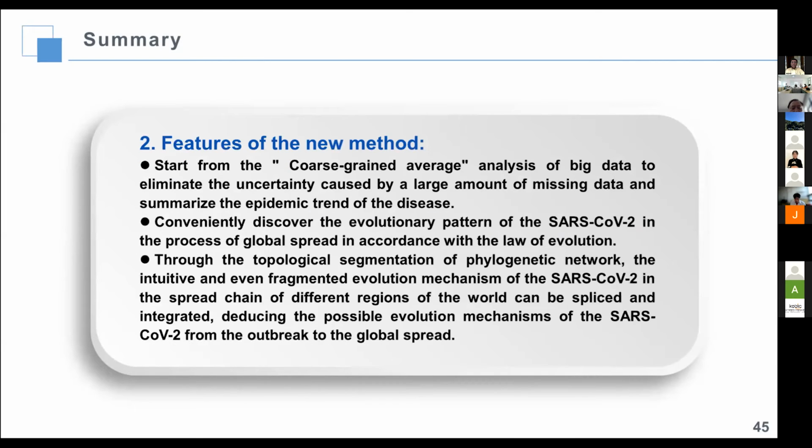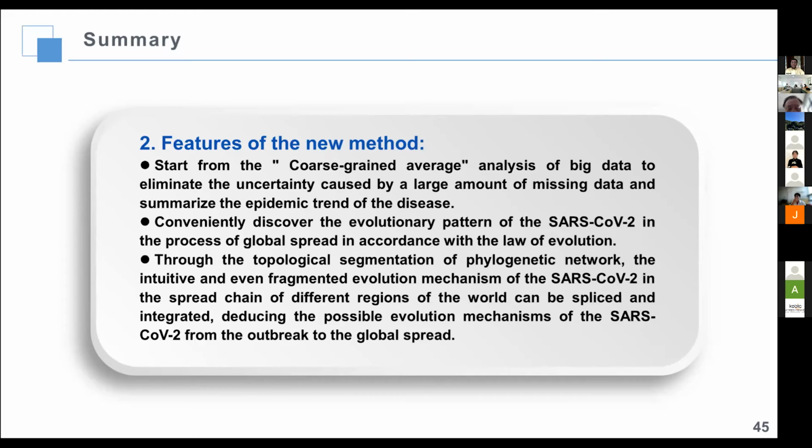The feature of the new math is that it starts from the constrained average analysis of the big data to eliminate the uncertainty caused by a large amount of data, summarize the epidemic trend of the disease, and conveniently discover the evolutionary pattern of SARS-CoV-2 in the process of global spread in accordance with the law of evolution.